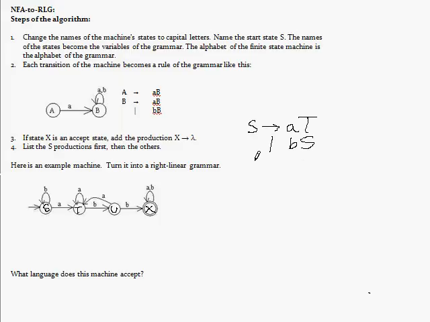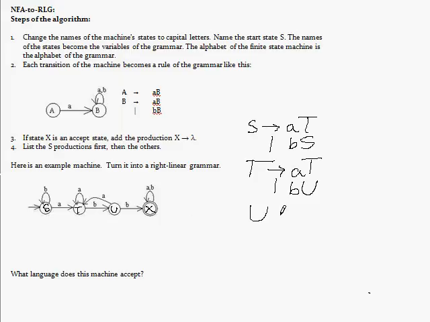Now let's do T. T has a rule, or excuse me, a transition on A that goes back to T, and it has a transition for B that goes to U, B, U. And it's not an accept state.